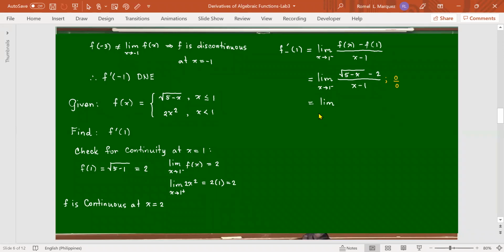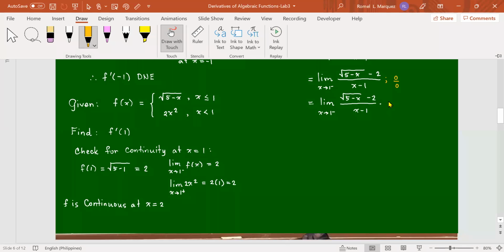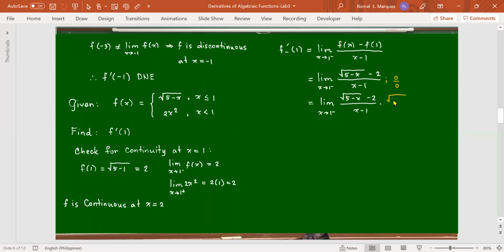Limit as x approaches 1 from the left of the square root of 5 minus x, minus 2, all over x minus 1, times my multiplier, the conjugate of the numerator: square root of 5 minus x, plus 2, all over square root of 5 minus x, plus 2.